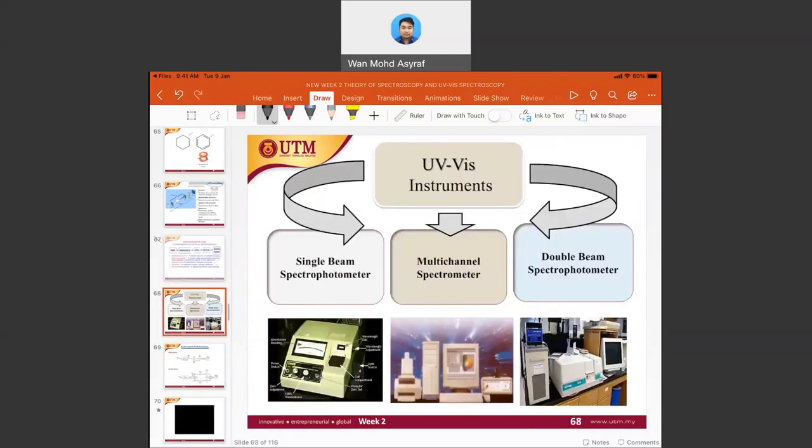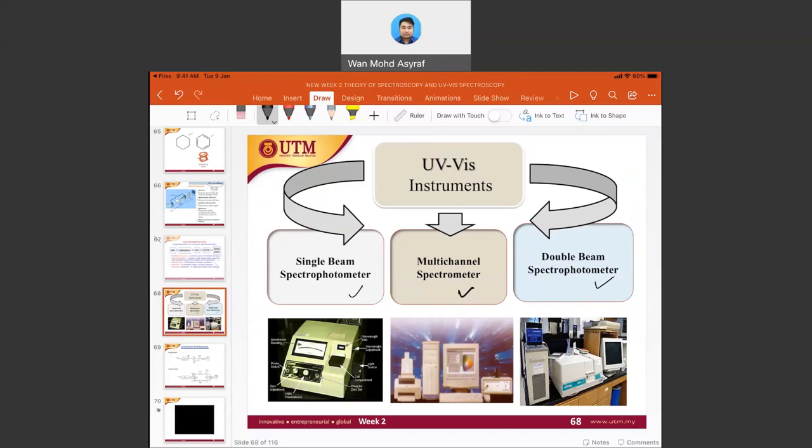All right, so UV-Vis spectrometry is divided into three types. The first one is a single beam, the second one is a double beam spectrometer, and the third one is a multi-channel spectrometer. So you will be able to look at different kinds of UV-Vis instrumentation and how they differ from each other.